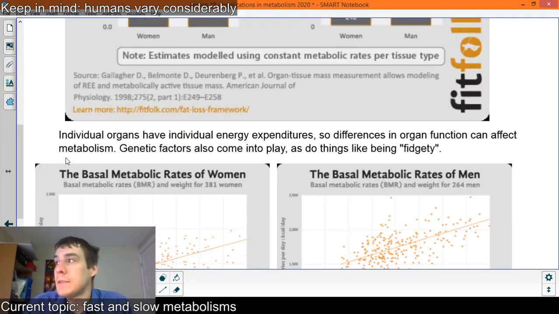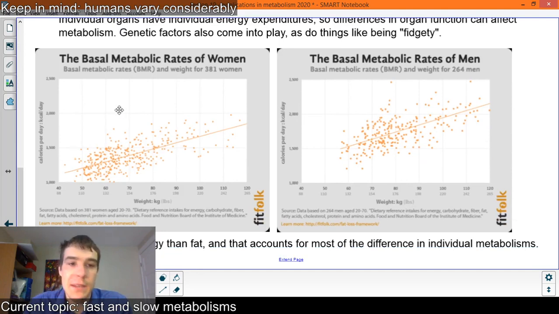There are also individual differences within the men and the women group. This is a chart that tracks different basal metabolic rates of women and different basal metabolic rates of men. This is 381 different women. Down here you see their weight in kilograms, and over here you see their calories per day, their basal metabolic rate.